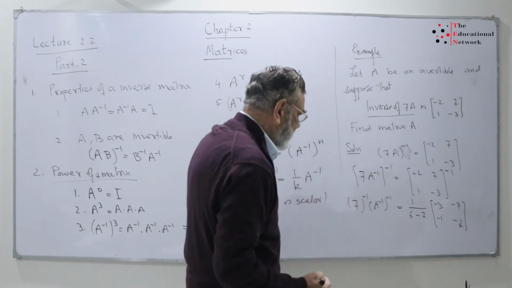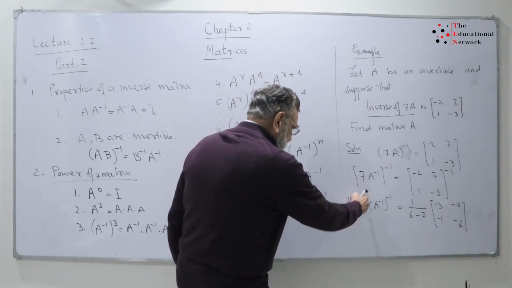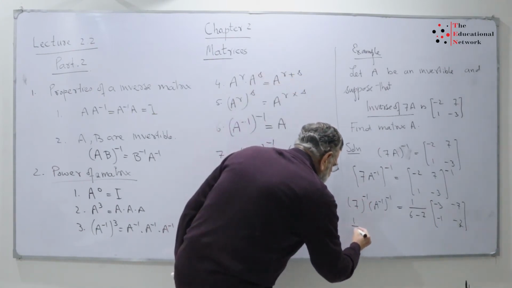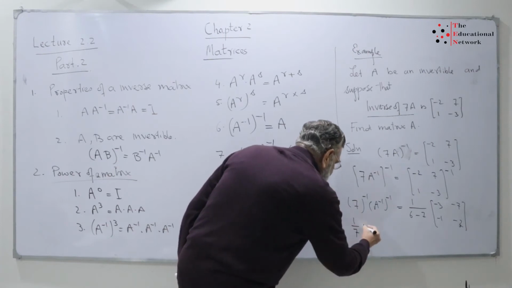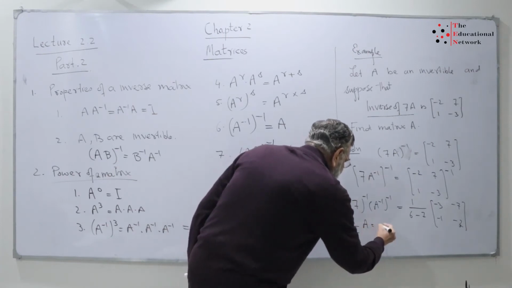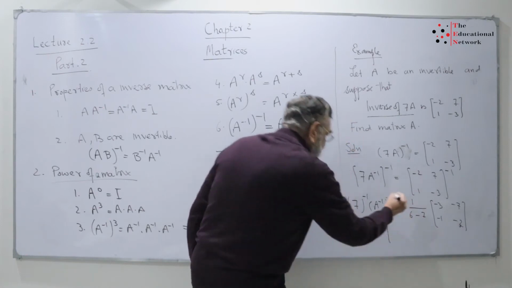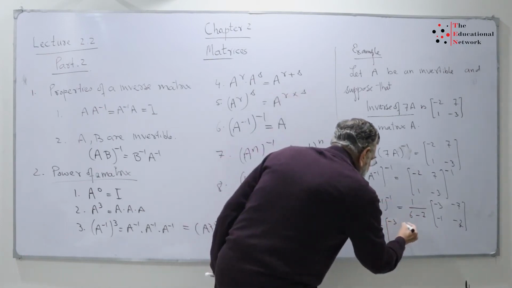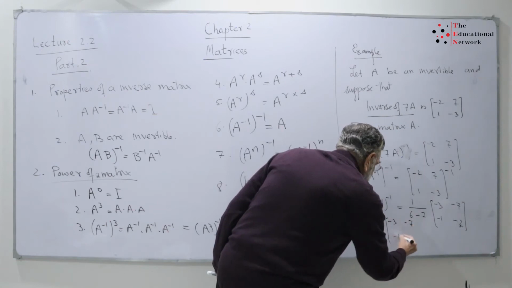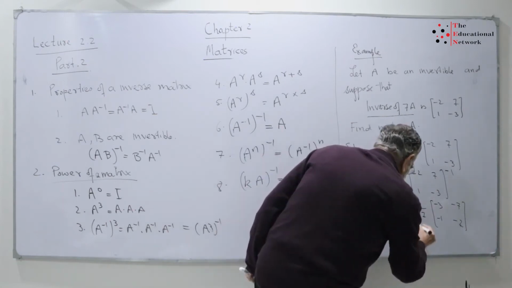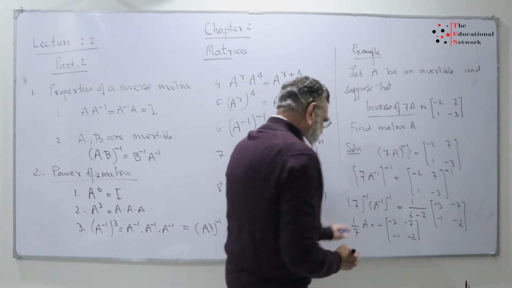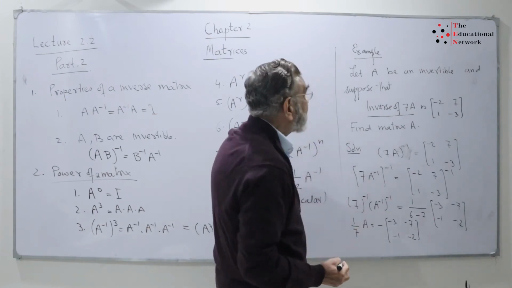On the left hand side, 7 to the power minus 1 is 1 upon 7, and A inverse inverse is equal to A. On the right hand side we get 1 upon minus 1, which is minus, times the matrix minus 3, minus 7, minus 1 and minus 2. So we multiply by minus and multiply by 7.